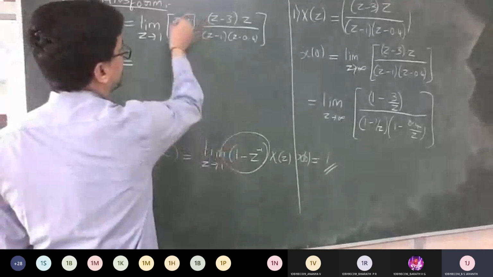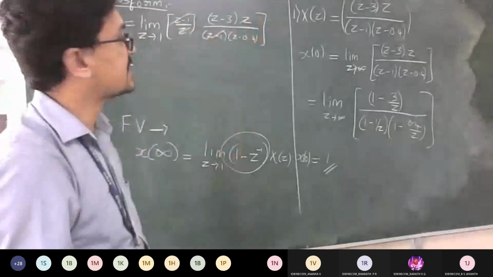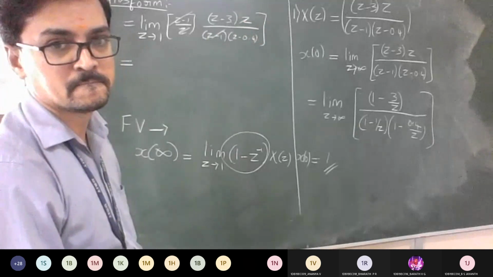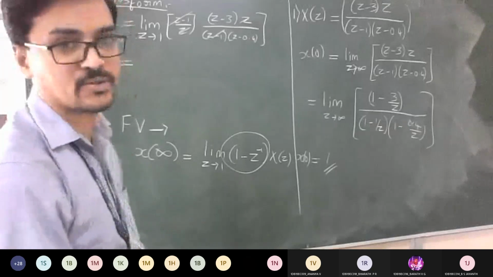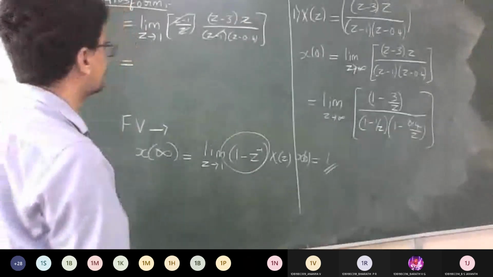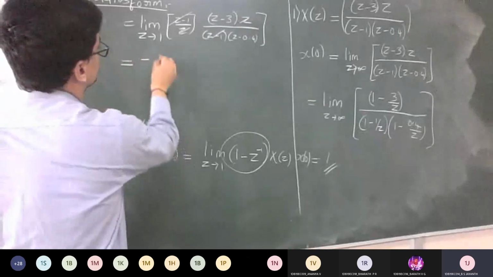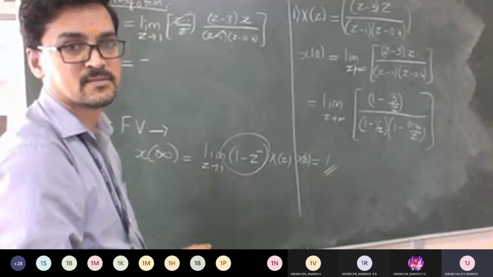You can see here z minus 1 and z minus 1 get cancelled. So what is left is z minus 3 divided by z minus 0.4. Correct? If you apply z tends to 1, what is the answer?